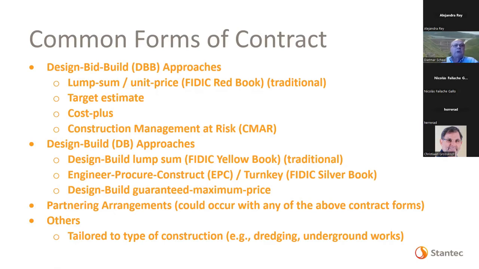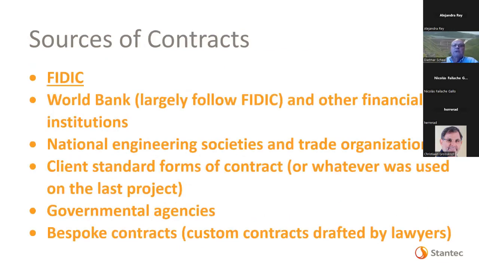So going from there to the sources of contracts. FIDIC is perhaps the most common standard form of contract used internationally. A nice thing about those is they're intended to engage international bidders.